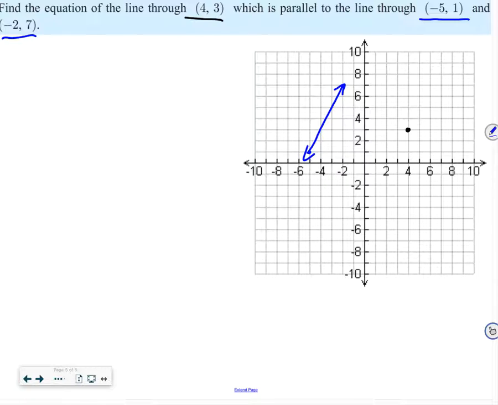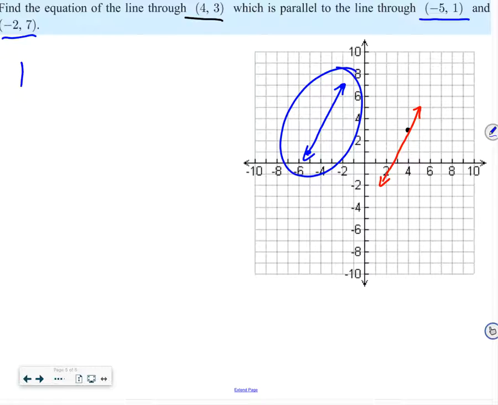So what I want to do is find a line that goes through this point 4, 3 and is parallel to that other line. So what I'm going to do is I need to use that information. First, I want to find the gradient of this line. Okay, well, I'm given 2 points, here and here. So I'm going to find the gradient.